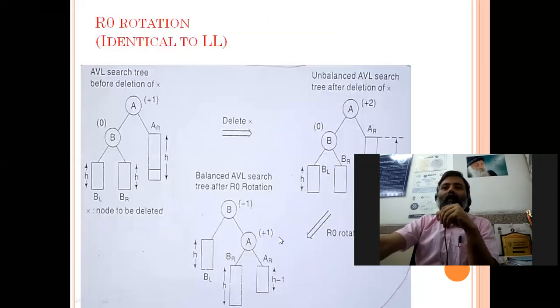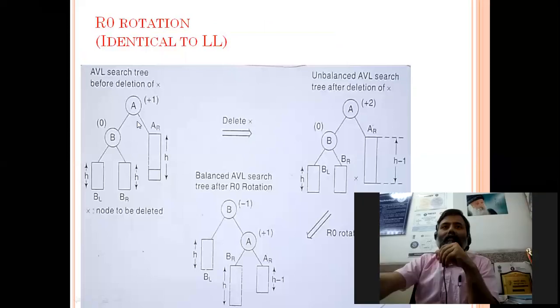Now you can see here, this is the balanced AVL search tree. All the balance factors are as desired. After deleting a node X, you can see the height of this subtree becomes H minus 1, and the balance factor of this node becomes plus 2, which is not required.